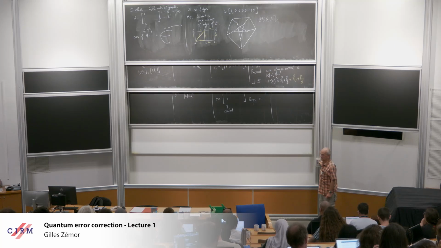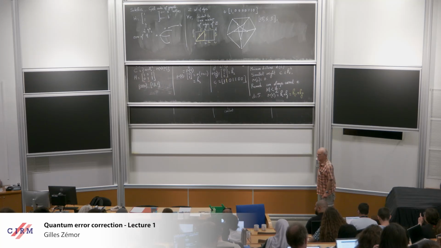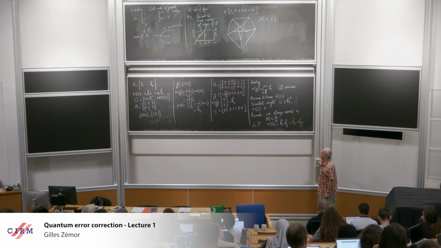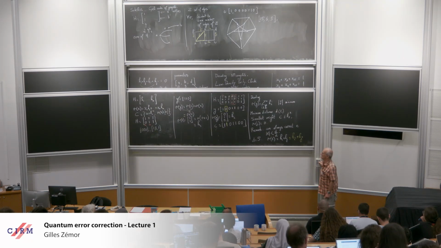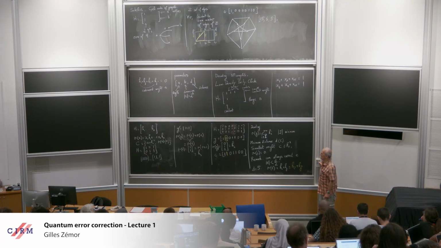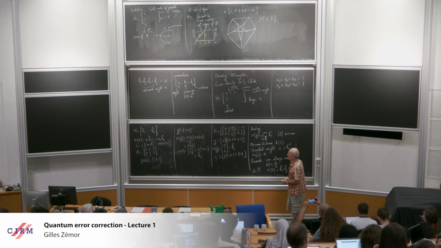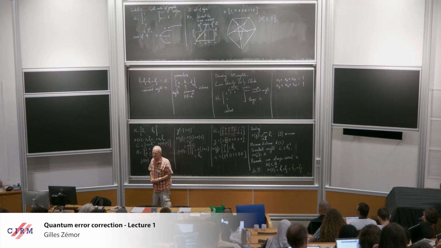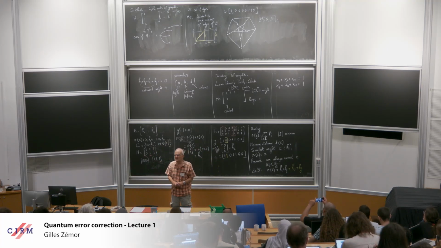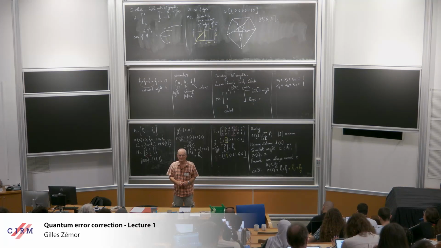Yes? How will this graph interpretation translate over other fields like F3? Yes. So how are these codes called when we're not over the binary field, but when we're over F3, for example, other field sizes?